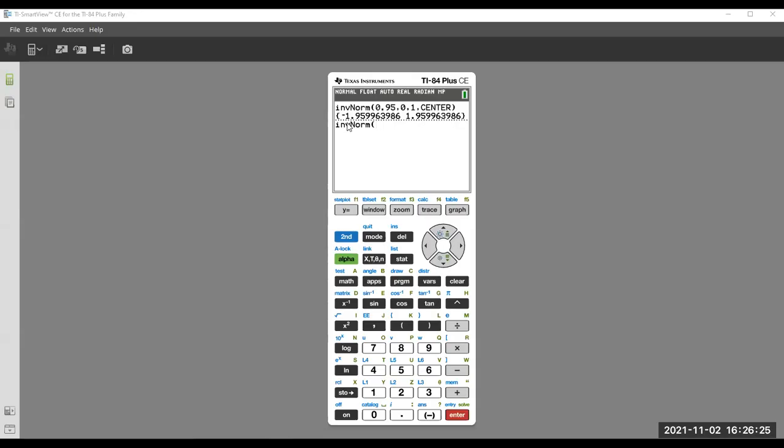So I'll type in 0.05 divided by 2, comma, then the mean, then the standard deviation for the Z distribution. So there we go. The values are in there. And I'll get this value over here, the negative 1.959 and change. See, there it is. So if my calculator is working in this mode, as opposed to giving me the 2 values, I always go for that one on the left.